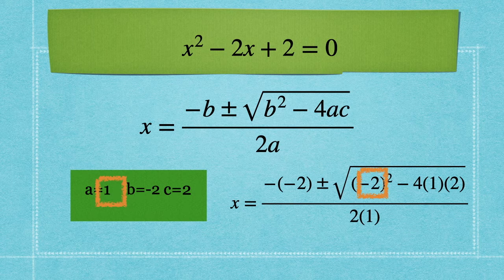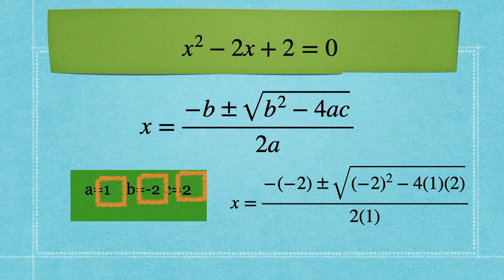Here you can see b being replaced, where you have minus 2 squared, and where we have negative b, we have it as minus 2. Now c, which is the constant, we'll be replacing in 1 place. Here you're going to see that we replace c at the end.